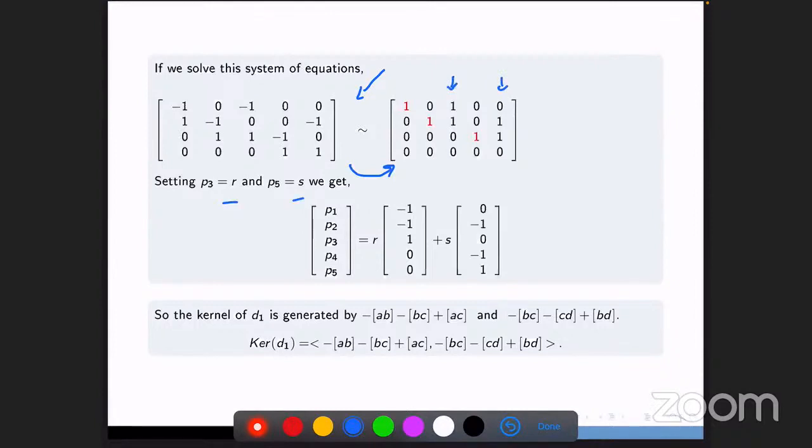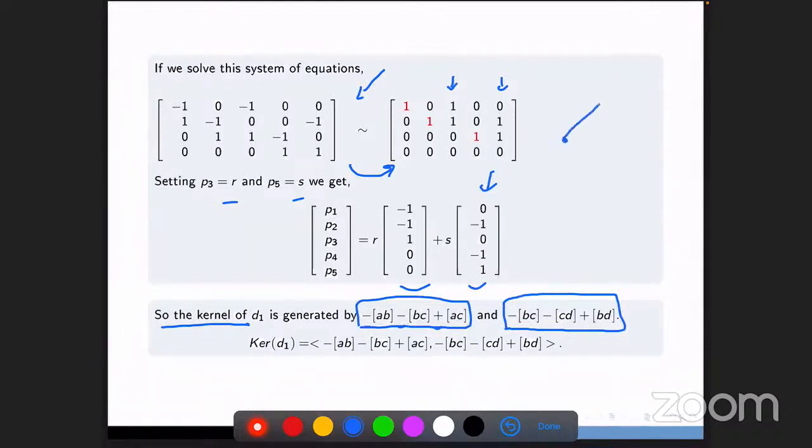So overall, we will have these generators, and the kernel will be generated by, so P1 is -1, I can pick that, and P2 is -1, and P3 is 1, and all the others are 0. So this will give me this element. And next for this one, if I pick P1 as 0, P2 as -1, and so on, I will obtain this element. So the kernel of this D1 is generated by these two.